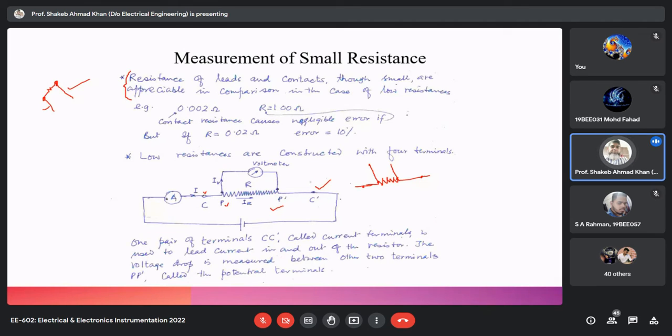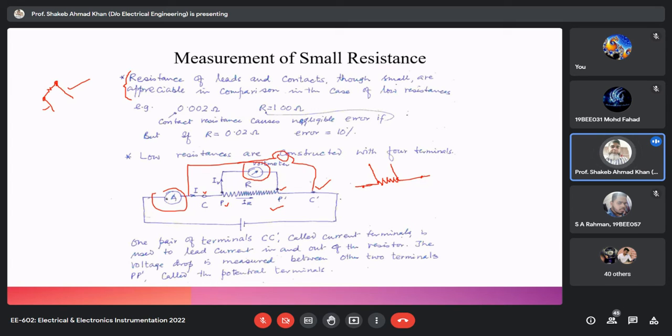If we are using low resistance with the help of the voltmeter ammeter method, then we'll connect the meter like this, and we'll connect the voltmeter across the potential terminals. Because potential terminals are very close to the resistance, the wire lead is not coming in between; otherwise your voltmeter reading will include the voltage drop across the lead also.